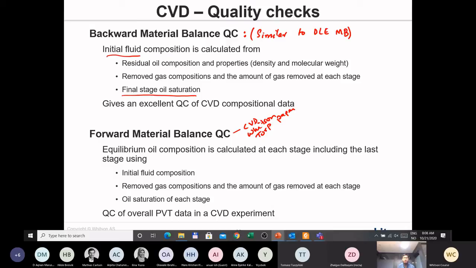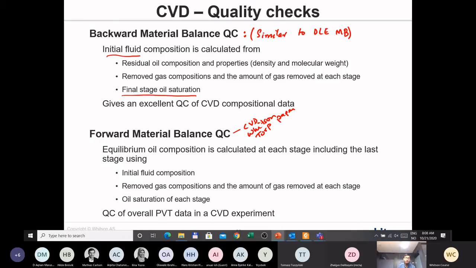Most importantly, the CN plus, like C5 plus, C6 plus, or C7 plus of those compositions, is directly related to the solution OGR, which tells us how many barrels of condensate we will produce at surface, which drives the economic value of gas condensate reservoirs.